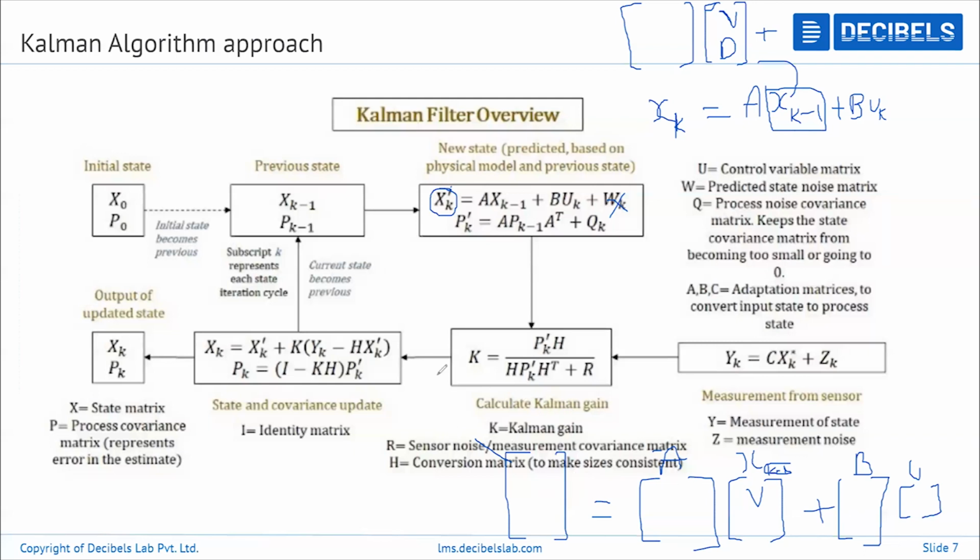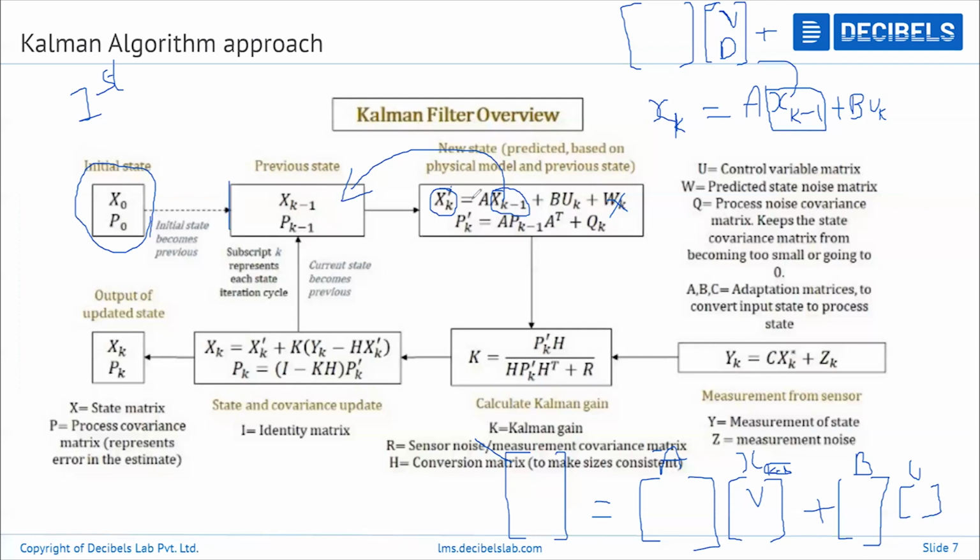So with this, you can see that this X of K matrix, the data you are going to get from your previous state. For example, if you are doing it for the first time of estimation and you don't have any previous states, then you have to initialize it. Only one time the initialization has to be done. So when you're doing it for the first time, the initial steps will become the previous step.